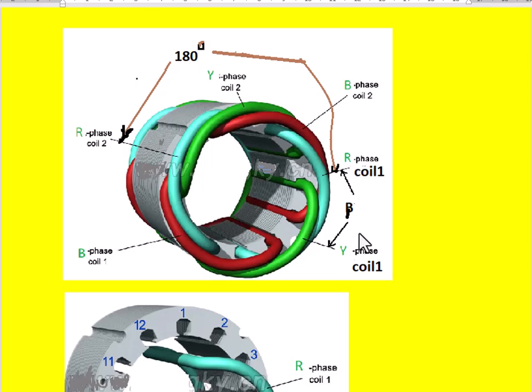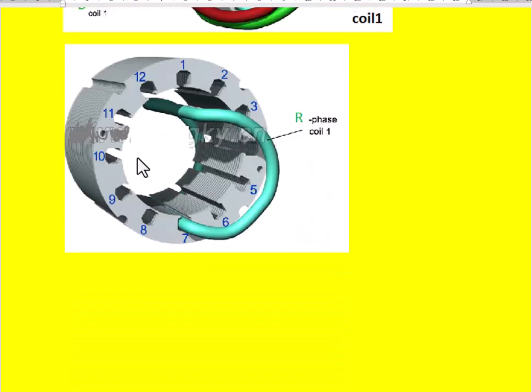The angle between coil 1 and coil 2 is nothing but 180 degrees. And the angle between coil side 1 and the next phase coil side 1 is nothing but beta. If you take one stator and one phase winding, you can observe that this conductor is placed in this slot, whereas this conductor is placed in the 7th slot.